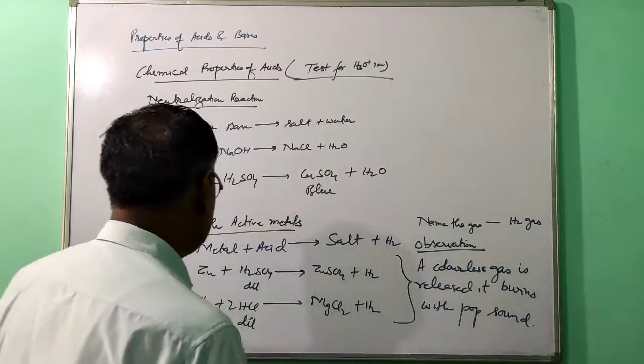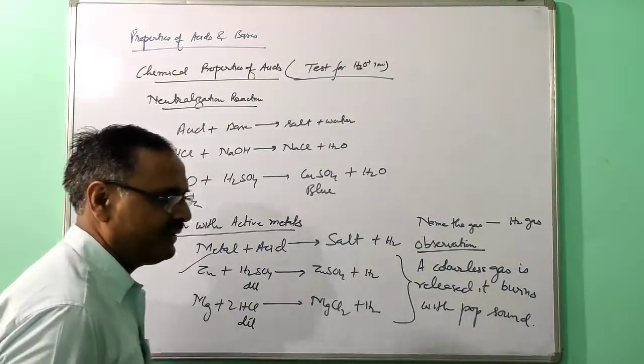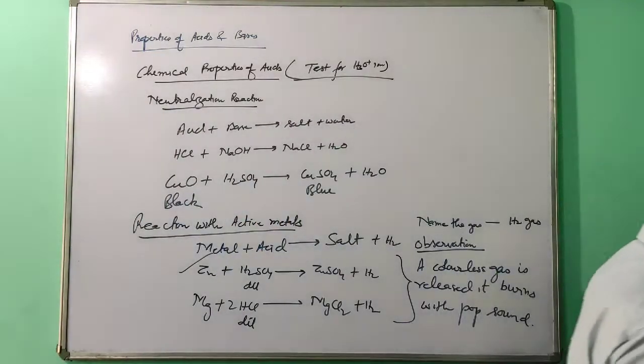This question was asked last year in the board paper: give the observation when zinc reacts with dilute sulfuric acid. Some students wrote that a colorless gas is released and it burns with a pale blue flame or blue flame.